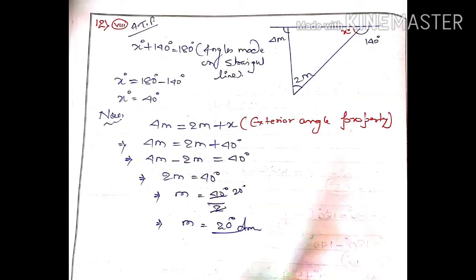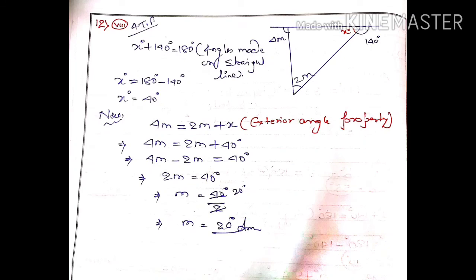How many angles are outside, meaning exterior? 4m you can check, and 140 degrees. Okay, so here we have written x degrees by ourselves. So check the position of x and 140. They are made on a straight line, so we can write x plus 140 is equal to 180 degrees.